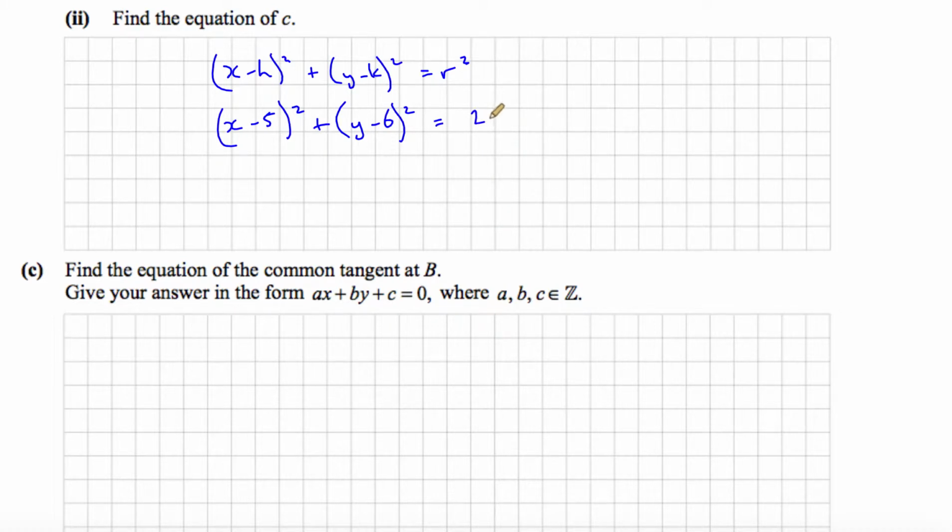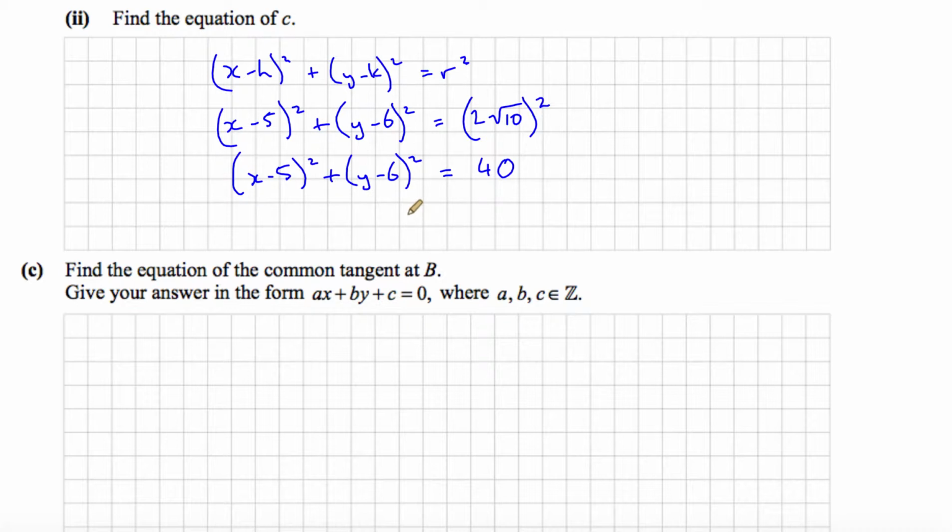So 2 root 10 is the radius, but then that's squared in the formula. So that finally gives us (x minus 5) squared plus (y minus 6) squared. You don't need to multiply these out. You can just leave them. It is equal to (2 root 10) squared. You can do this in your calculator, or 2 squared is 4, root 10 squared is 10, 4 tens is 40. So there's the equation of C.